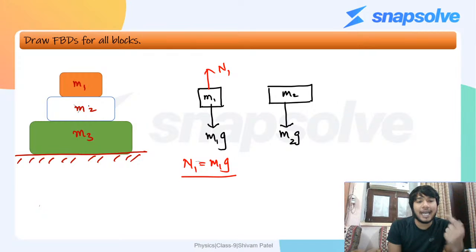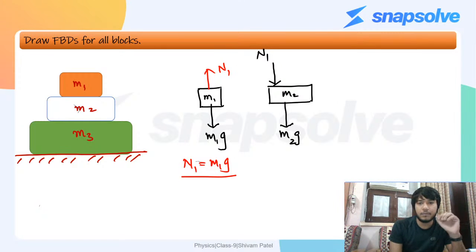That's why M2 applied N1 in upward direction to M1, right? देखिए, यहाँ पे M2 ने M1 पे N1 लगाया ऊपर की डायरेक्शन में, तो न्यूटन थर्ड लॉ से क्या होगा? M1 भी तो M2 पे नीचे की डायरेक्शन में N1 लगाएगा, लगाएगा कि नहीं लगाएगा? So the same thing you should mark in here, right? So यहाँ पे I'm marking N1 acting in downward direction over M2. This N1 is coming from M1.